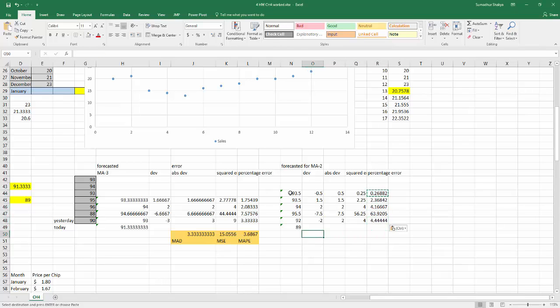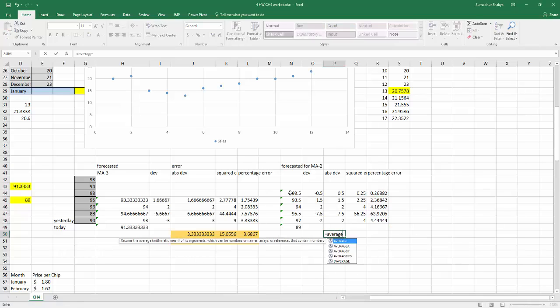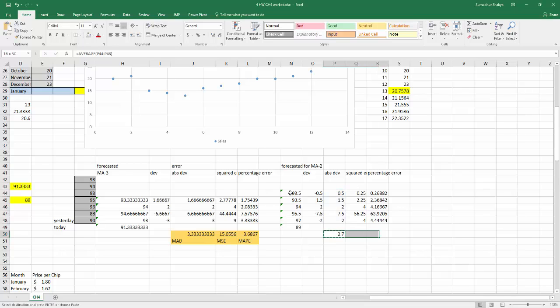Now if I was to take the average of all these numbers, average of all of these, the first one gives me mean absolute deviations, the next one gives me mean squared errors, and then mean absolute percentage error.